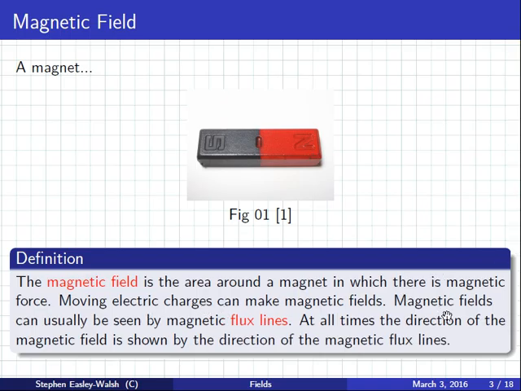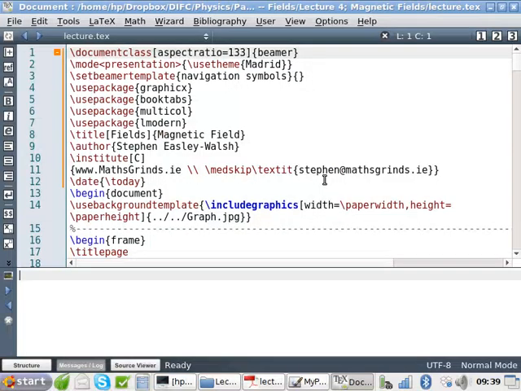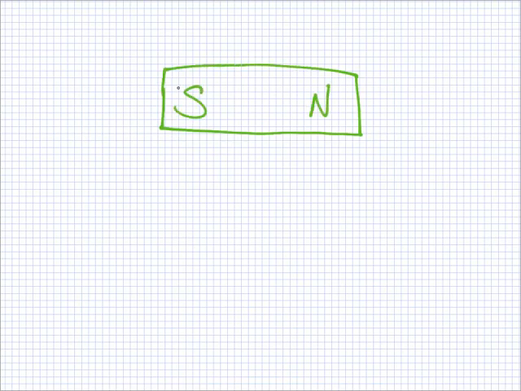The next part is something called flux lines, which are the name of the lines that come out of the magnet, which I'll show you in a picture in a moment. Or maybe I'll just quickly show you here. I'm sure you've seen this in middle school. You have your magnet, north, south, and you imagine you have these lines that come around it.